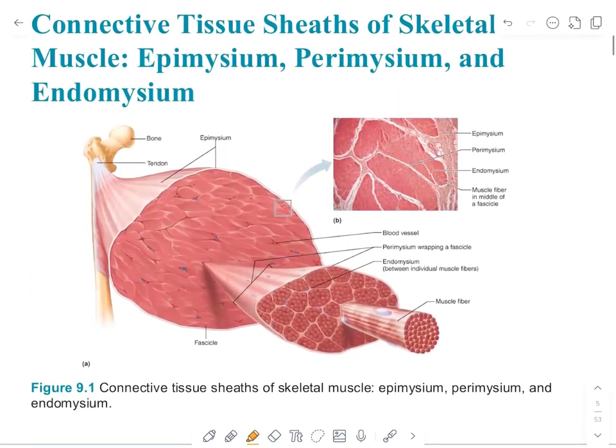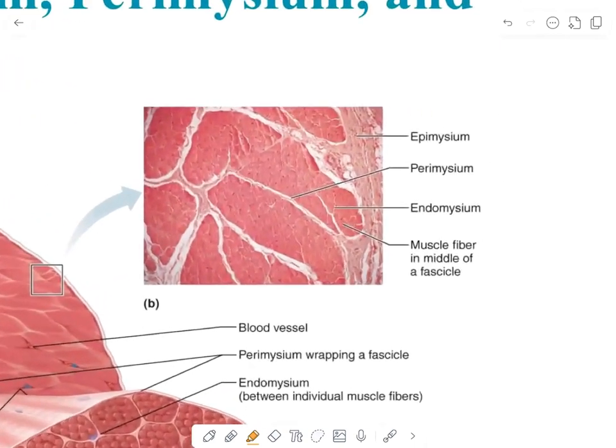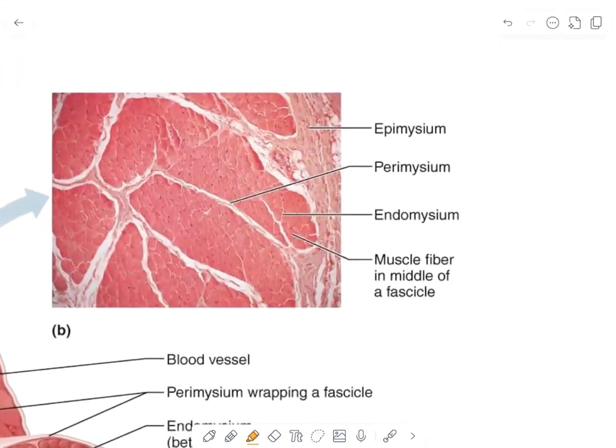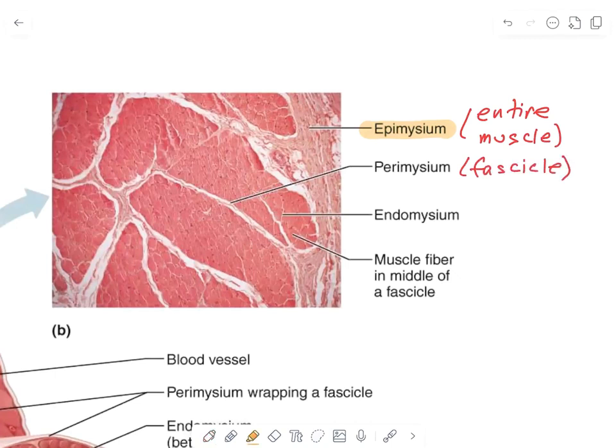We have a great micrograph on the right, which shows the three different connective tissue layers. So surrounding the entire muscle is the epimysium. The perimysium is what is surrounding a fascicle, which is a group of muscle fibers.